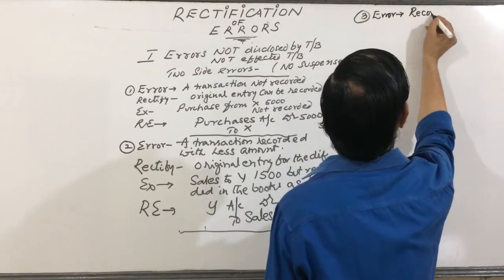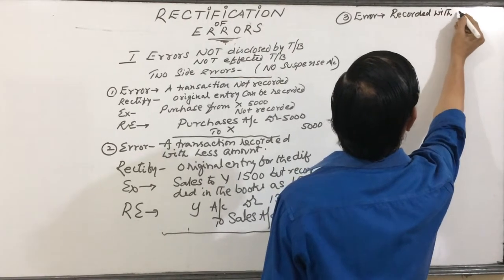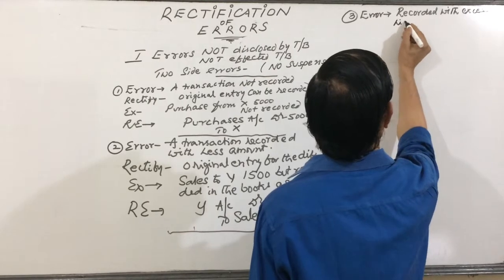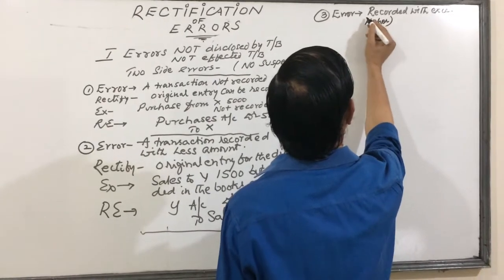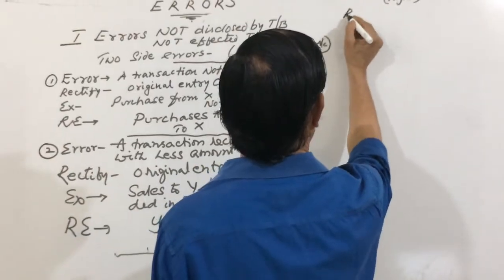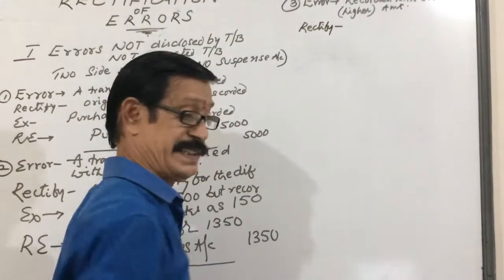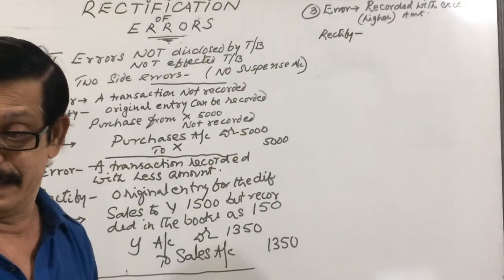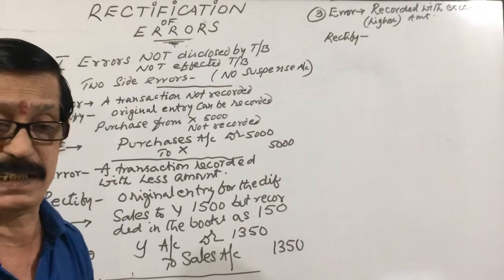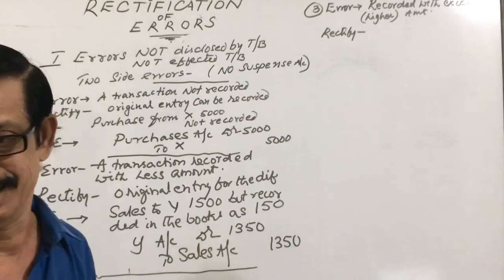Recorded with excess amount or higher amount. Now, how to rectify? Well, dear students, they have taken the more amount, the excess amount. For that purpose, how to rectify? We have to reverse the original entry.